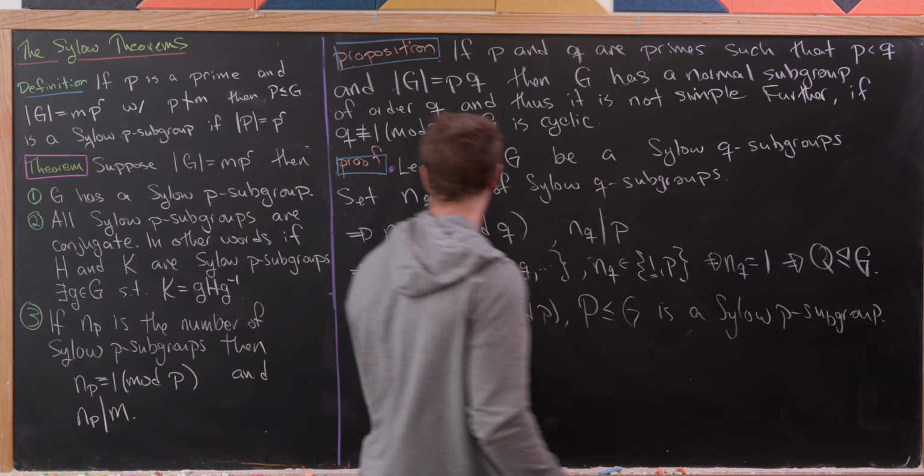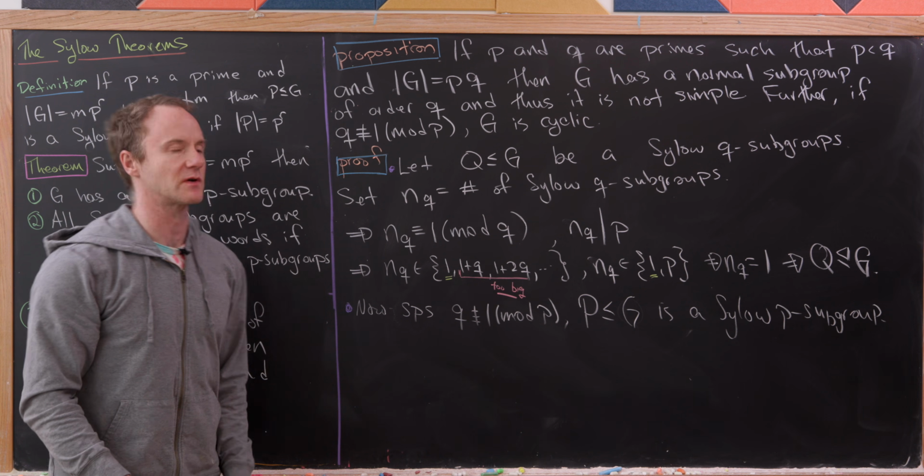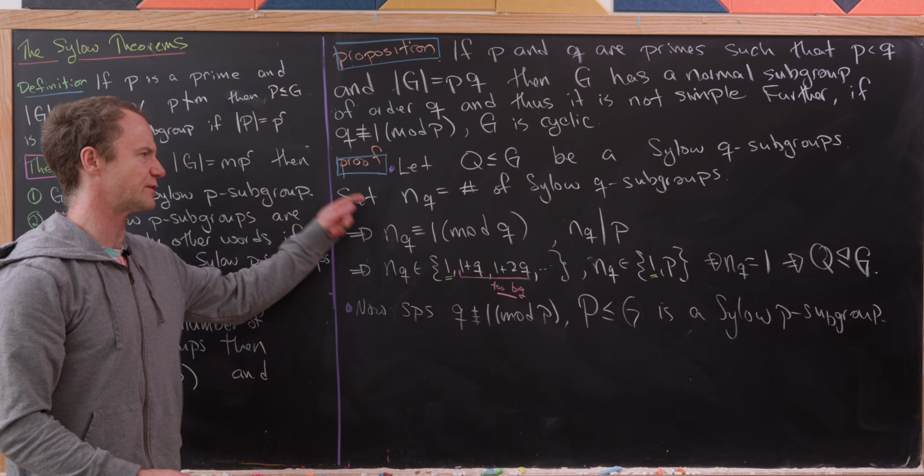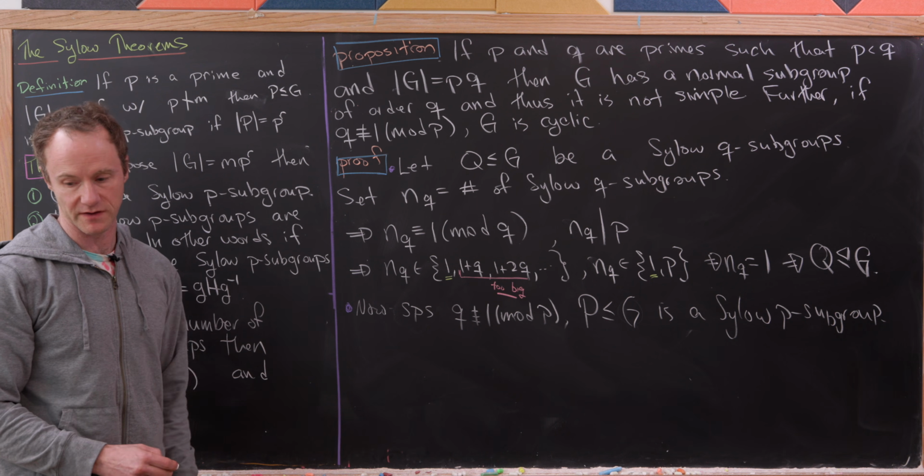Cool. And let's use N sub P for the number of Sylow P subgroups, just as we did for N sub Q. I won't rewrite it though.